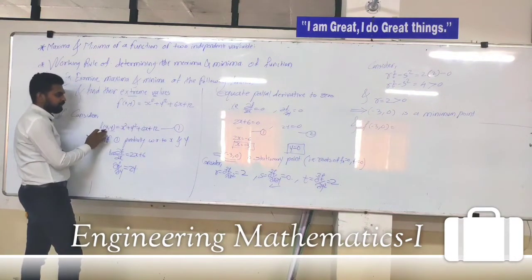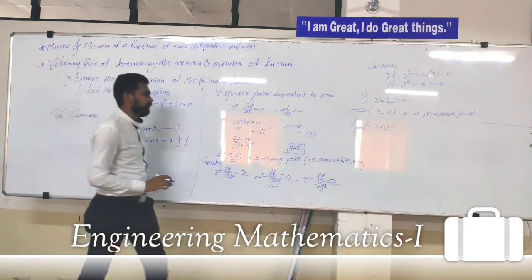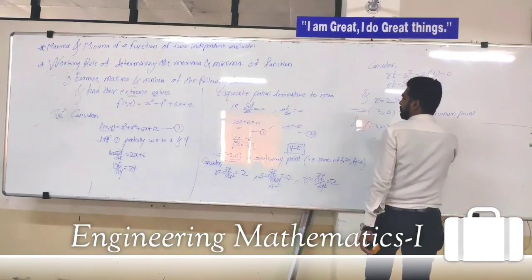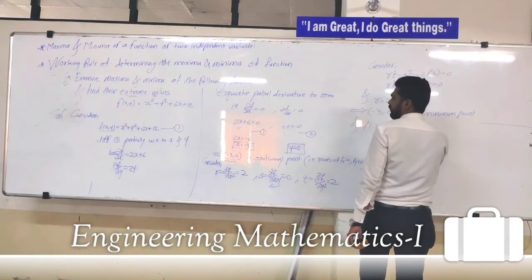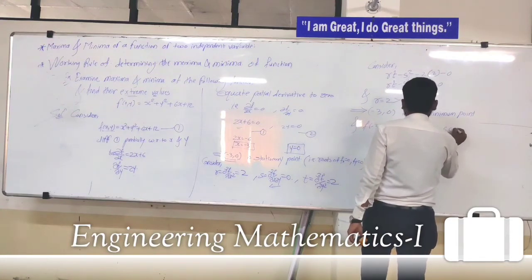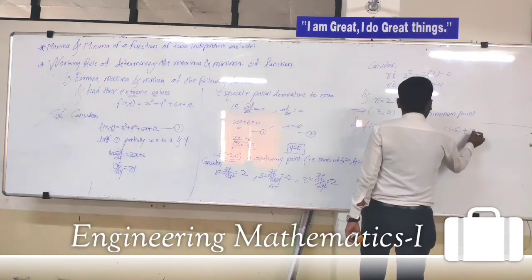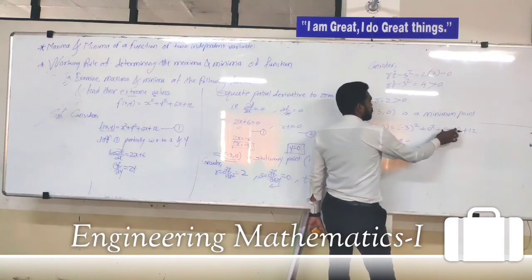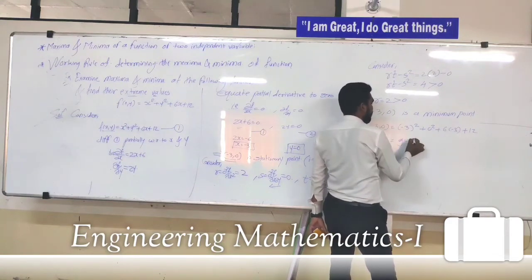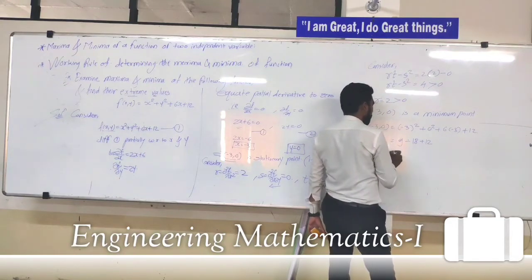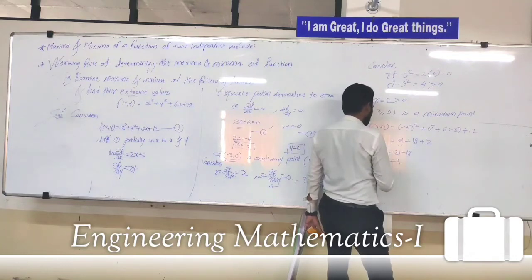after substituting the value of x as -3 and y as 0, see what value comes. f(-3, 0) is (-3) square plus 0 square plus 6 into -3 plus 12. So what we get: (-3) square which is 9, 6 into -3 that is -18 plus 12, 12 plus 9 which is 21 minus 18 which is equal to 3.